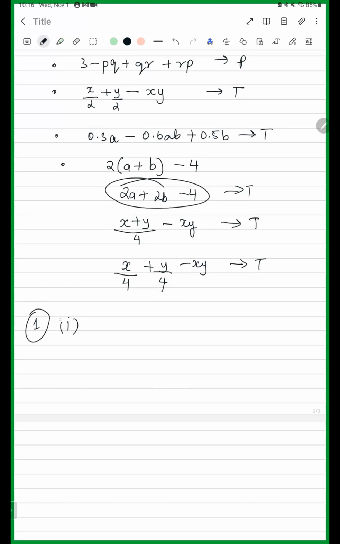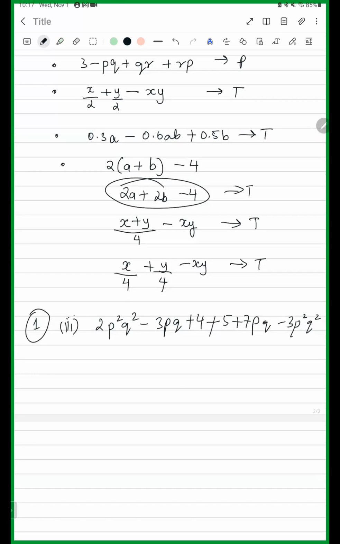Third one we will take. 2p square q square minus 3pq plus 4, comma 5 plus 7pq minus 3p square q square. So just replace the comma with a plus because you're supposed to add.